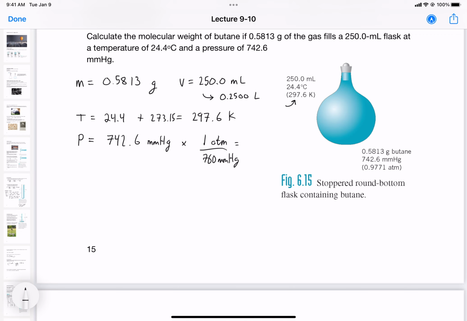Okay. So we get approximately 0.9771 ATMs.